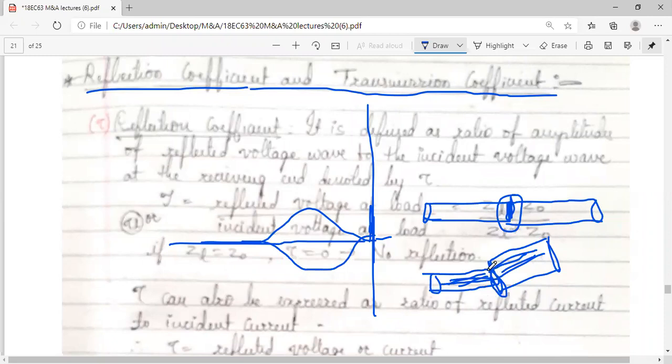Because of this mismatch, some amount of loss is going to occur. Similarly, suppose you join a smaller pipe here. What will happen? Whatever amount is flowing here will flow at a faster rate. However, there is again a mismatch here.